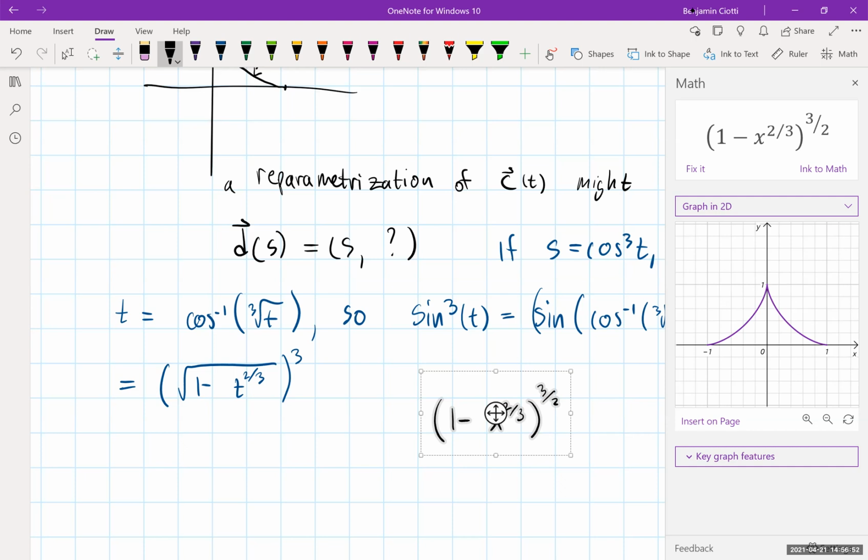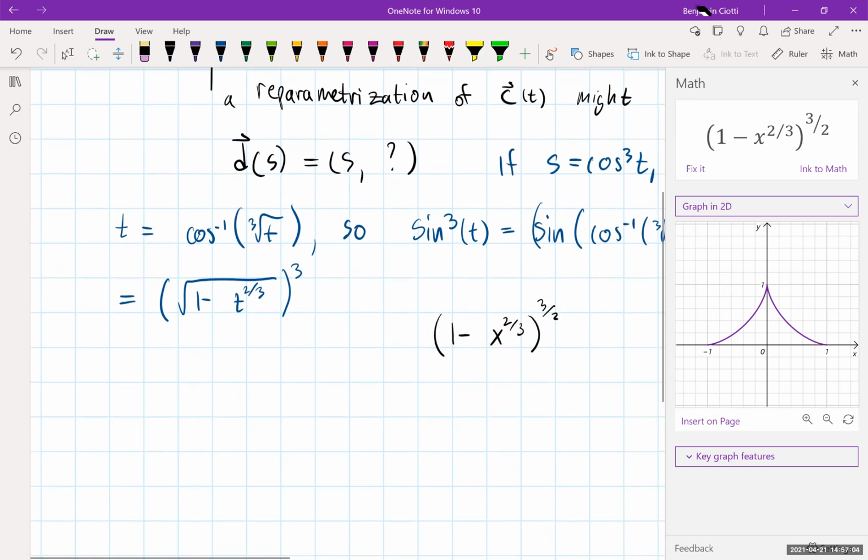If x is cos cubed t, I think, but in this case it's more like a change of coordinate system. It's more like a notation.